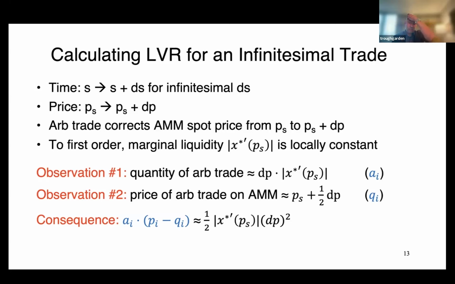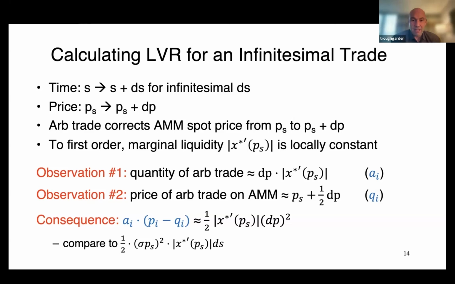And this is starting to look promising. If you remember what we promised you in the theorem, the instantaneous lever looked pretty similar to this. We promised that the instantaneous lever was 1/2, check, times the marginal liquidity, check, times quantity sigma PS squared. It's like, okay, we don't have that. We have a quantity DP squared. So what's remaining to do is understand why this DP squared becomes quantity sigma PS squared.